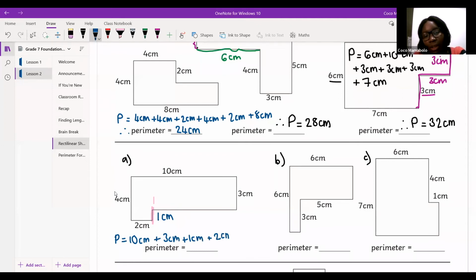Pop your answers for me in the chat, everyone. Therefore, P is equal to 13, 14, 16. What did everyone get?